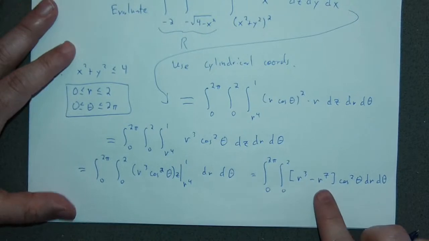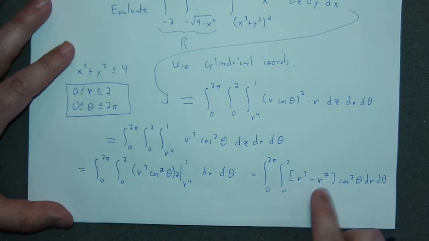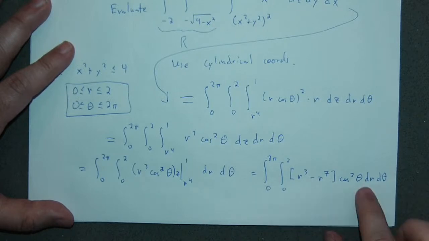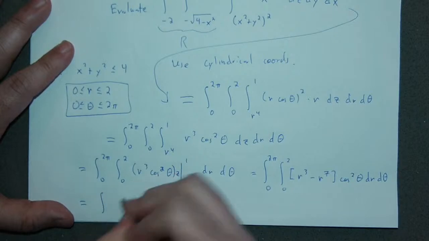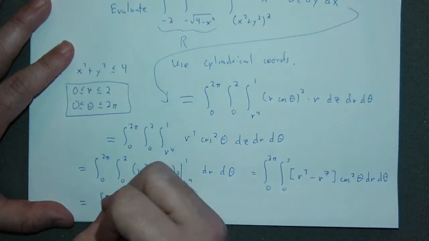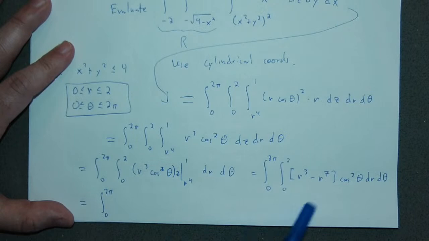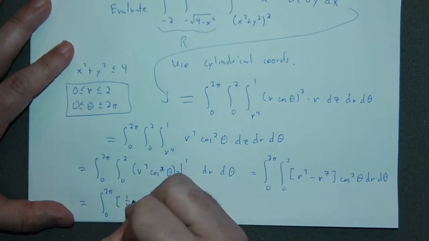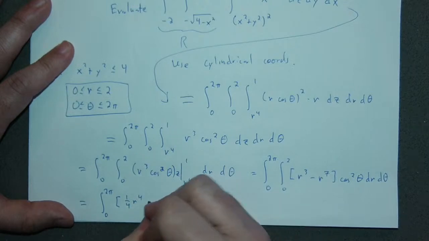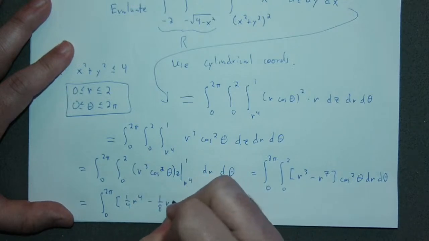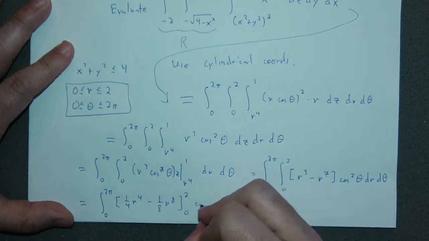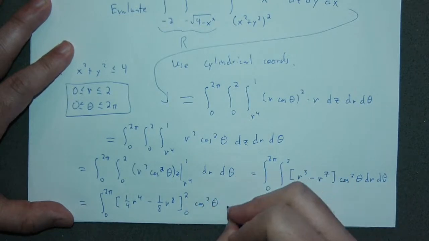So now I need to do this integral term by term here. I only have to pay attention to this because they're multiplying cosine squared theta, which is constant with respect to r. And so doing that inner integral, I have the integral from 0 to 2 pi of 1/4 r to the 4th minus 1/8 r to the 8th, evaluated from 0 to 2 times cosine squared theta d theta.